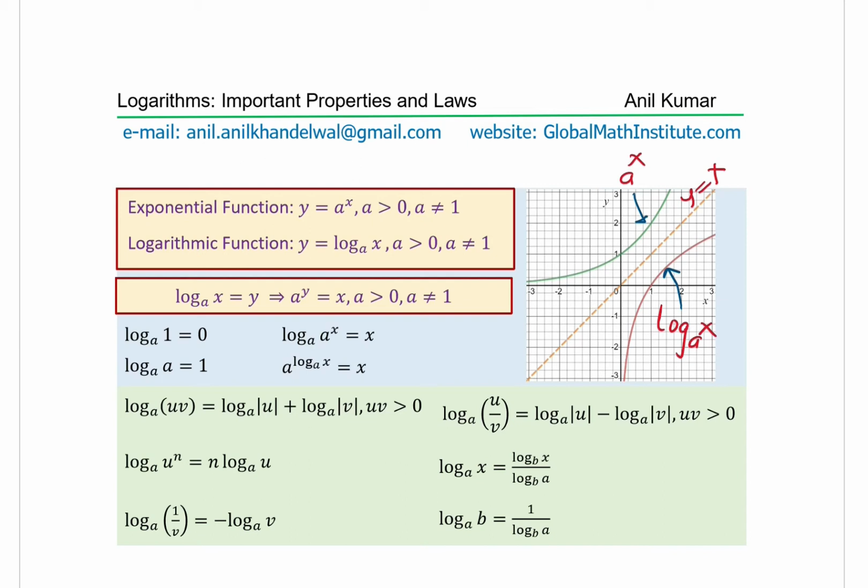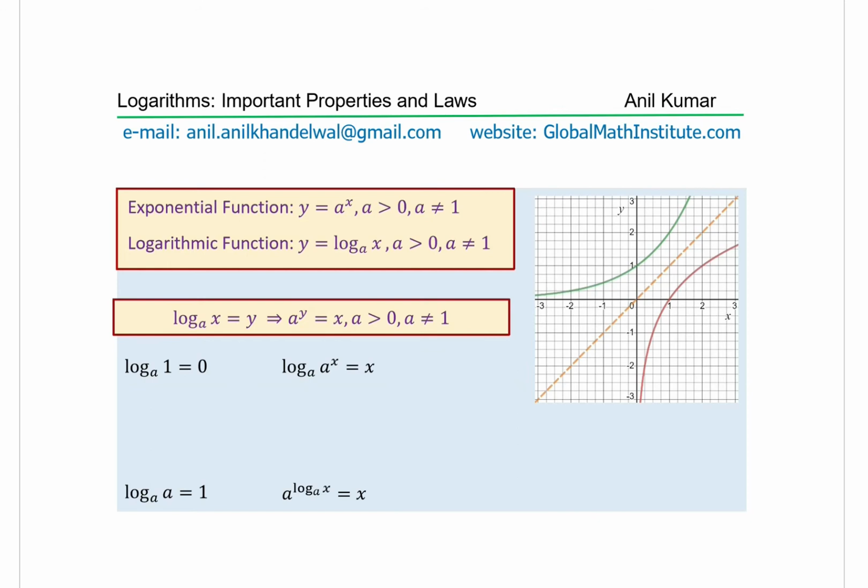So let's begin with understanding the graph first, where we'll talk about domain and range. As I was saying, the graph in green is basically y equals a to the power of x. So that is this exponential graph. For the exponential graph, we know that the domain is all the values of x.